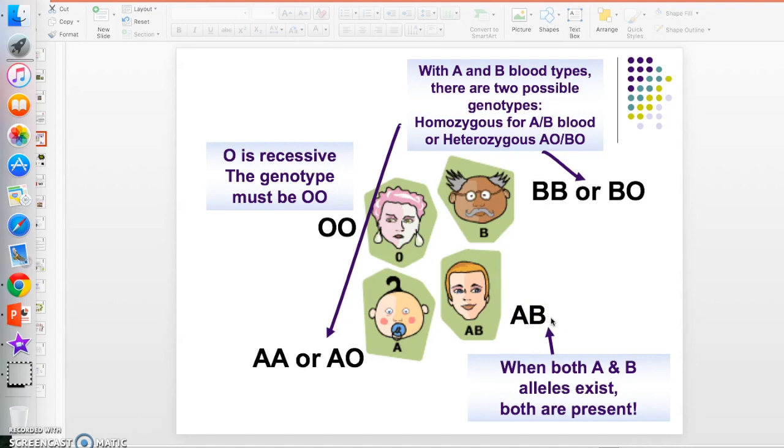So if you have AB blood, your alleles must be A and B. If you have type B blood, you can either be homozygous for B blood, or you can have B covering up O because you got O blood maybe from one of your parents. If you have A blood, it's the same as B. You can be homozygous for O, or you can have an A covering up an O allele.